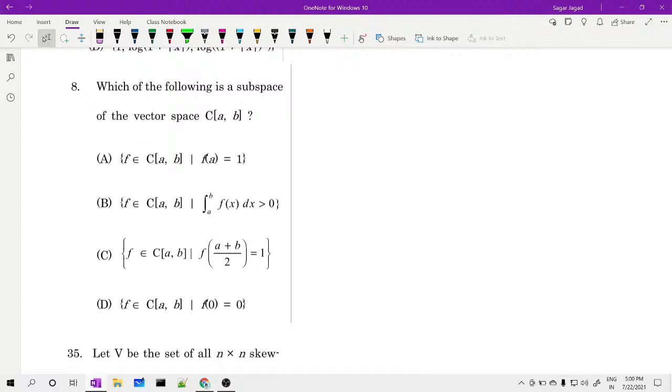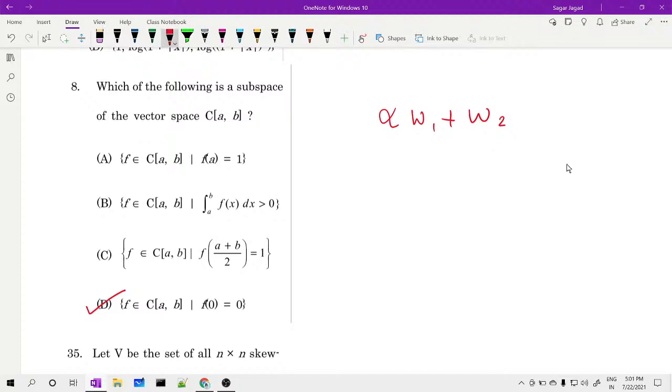I need to find one which is a subspace. This is definitely a subspace because it will satisfy the condition of alpha W1 plus W2, right? D will definitely satisfy that condition. So D is a subspace because if I consider any two elements from it and take an alpha from the scalars, then alpha f plus g will again be an element of it. So my dear friends, this is going to be a subspace of C[a, b].